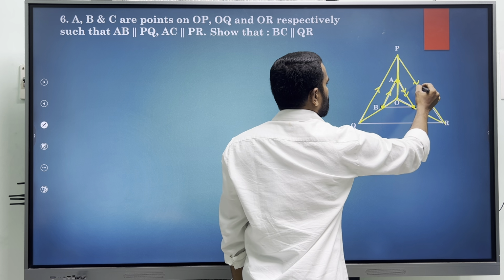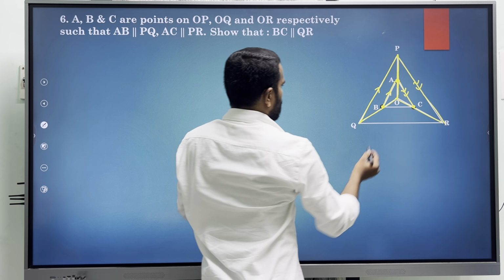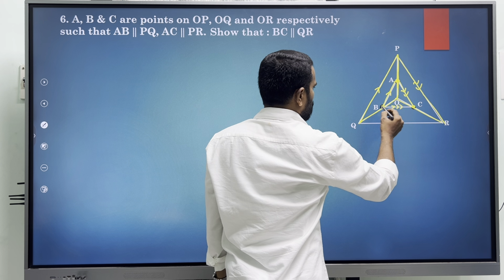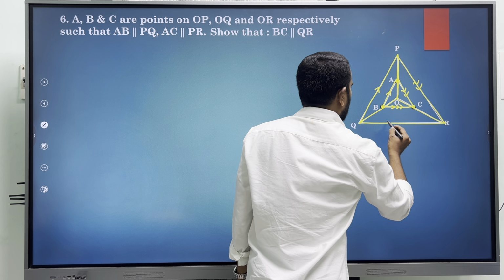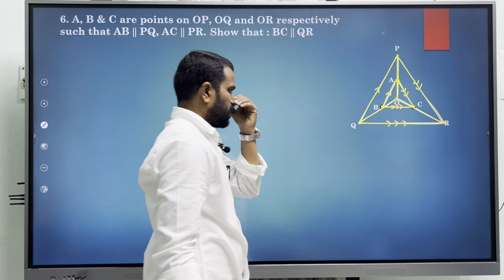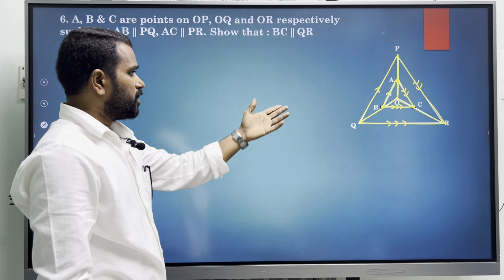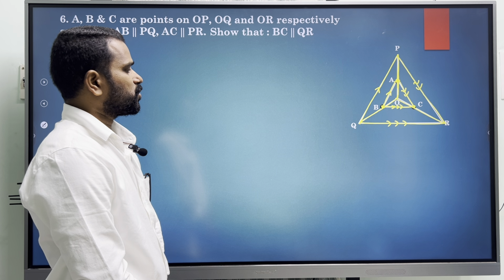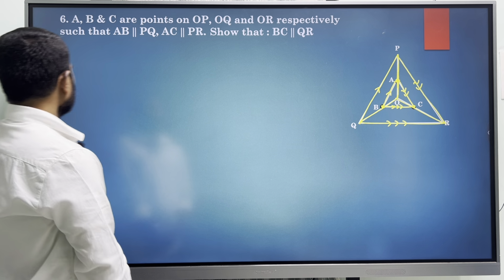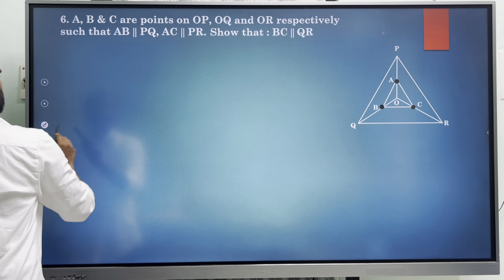We have to prove that BC is parallel to QR. Same way as the previous question, we can do this one also. Let us see how we will be doing it step by step.